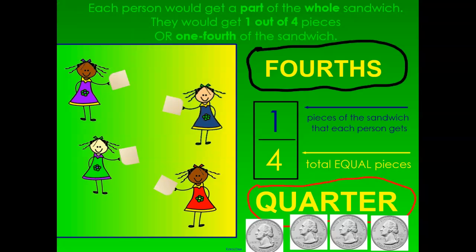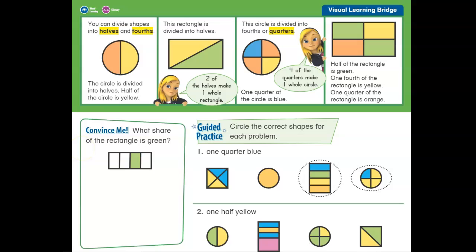Now let's take a look at our independent practice for today. So this is the first page of your independent practice. You can see the vocabulary I just introduced to you right at the top. Halves, where you have 2 pieces, and fourths, where you have 4 pieces. And they said that this circle is divided into halves because there's 2 pieces.